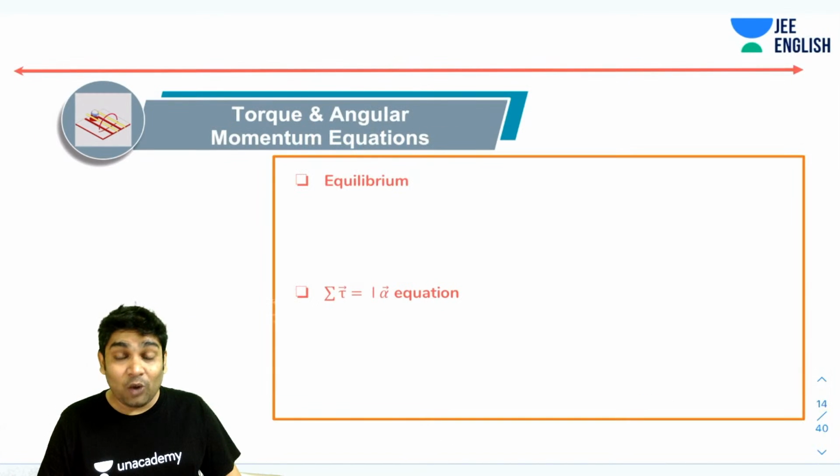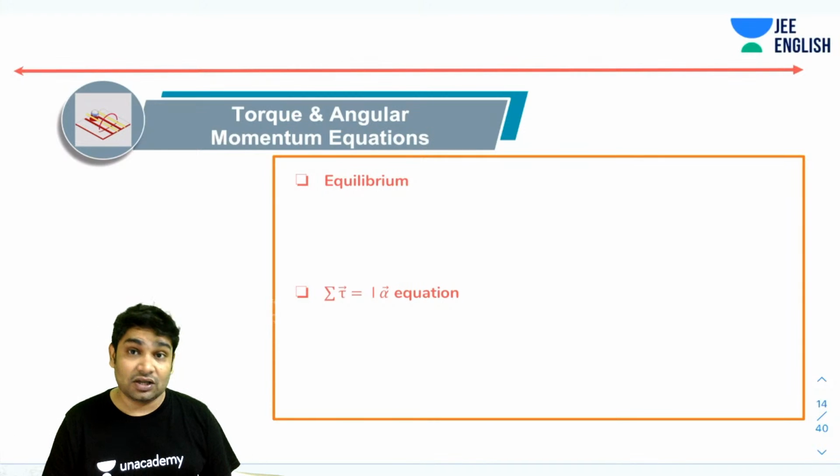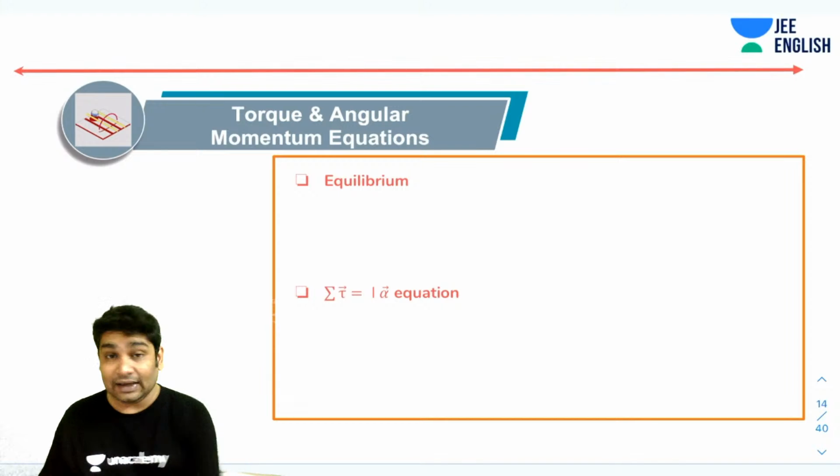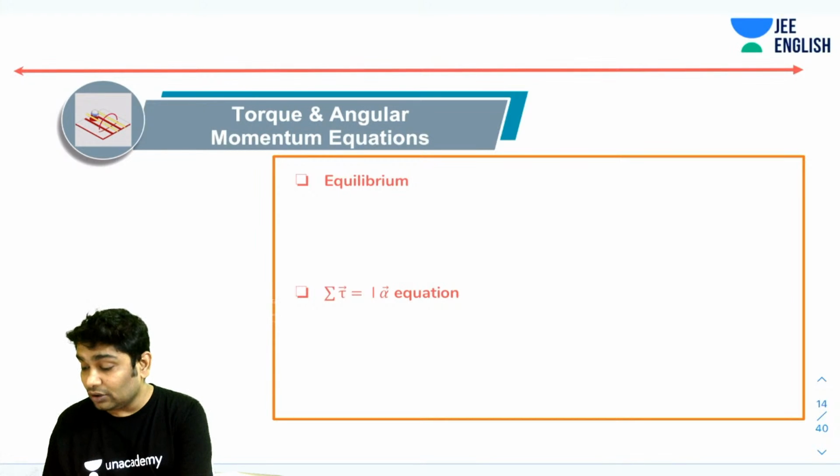So what are the approaches? First of all, you have torque and angular momentum equations. The first case that you may have is equilibrium. If a body is in equilibrium, how do you analyze it? You know that there are two conditions for equilibrium. First, you will write summation of all F vectors equals zero. This will ensure translatory equilibrium.